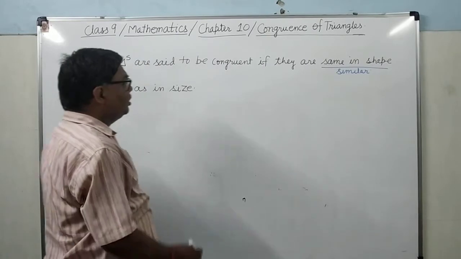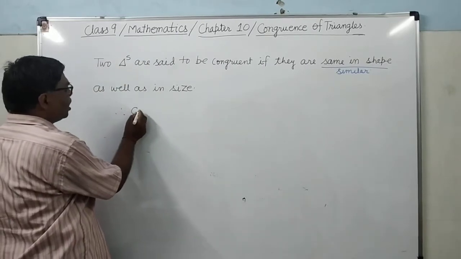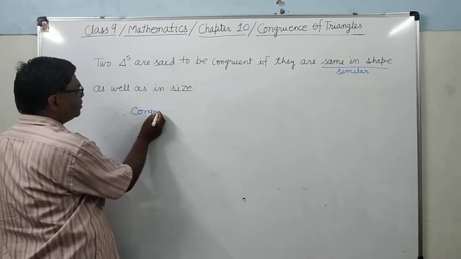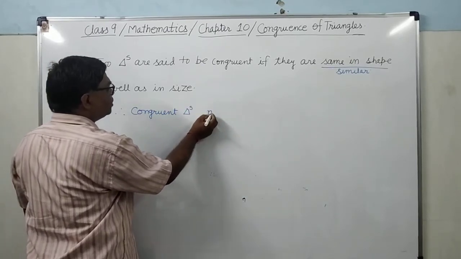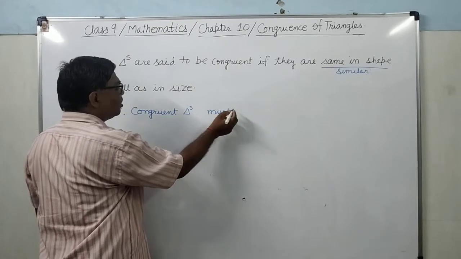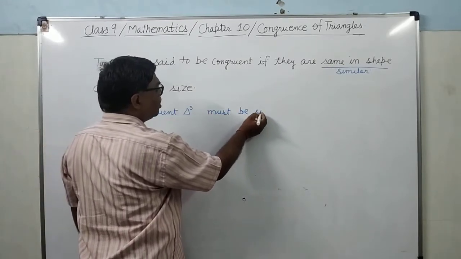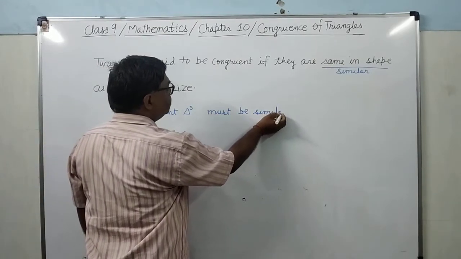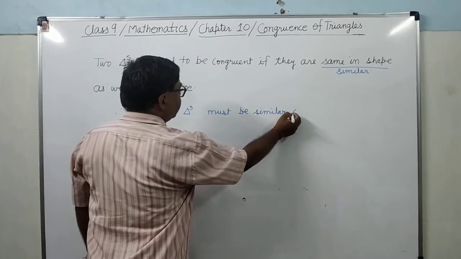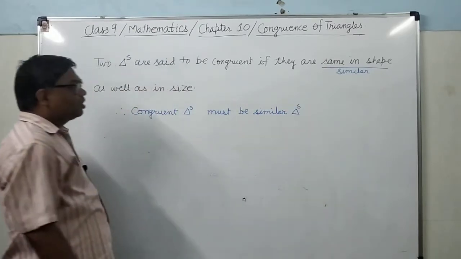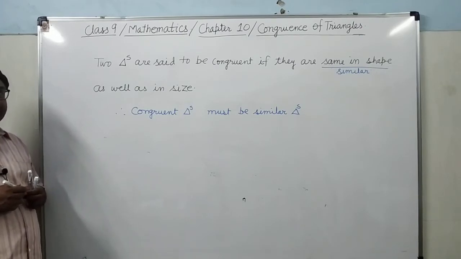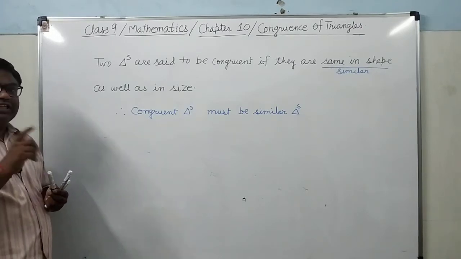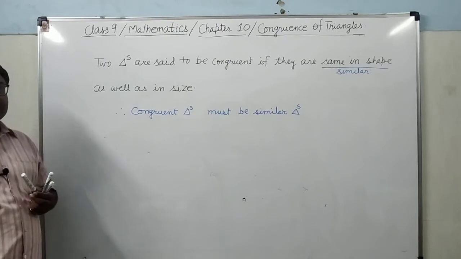Therefore, congruent triangles must be similar triangles. It's clear? Must be similar. But its reciprocal is not necessary.